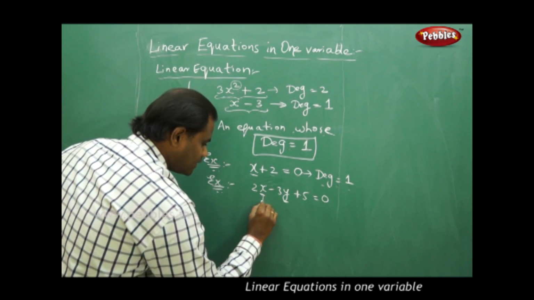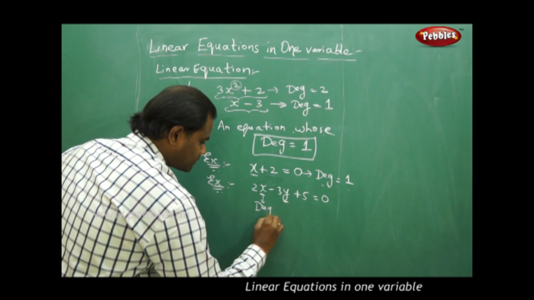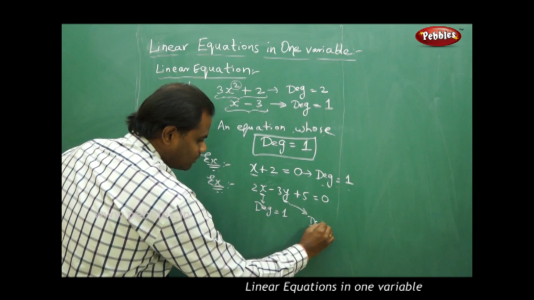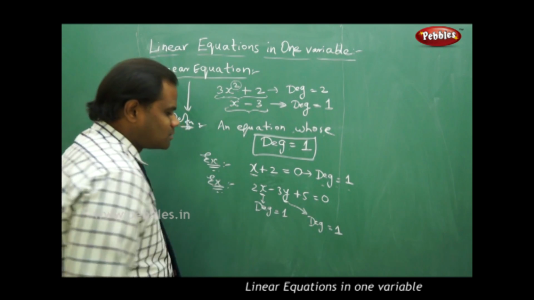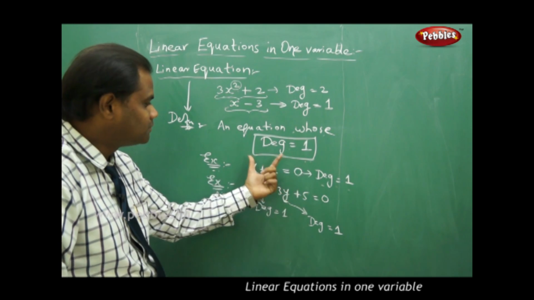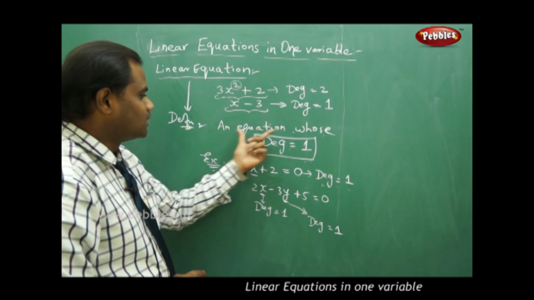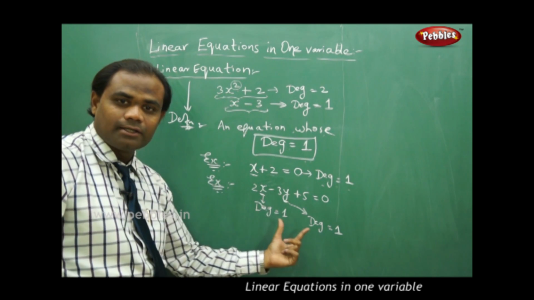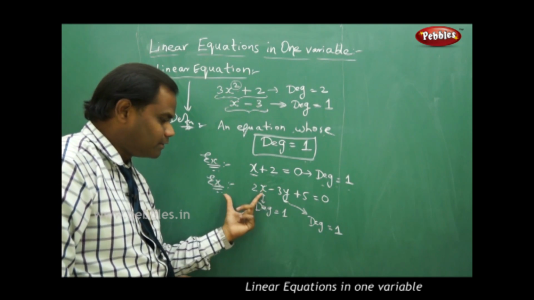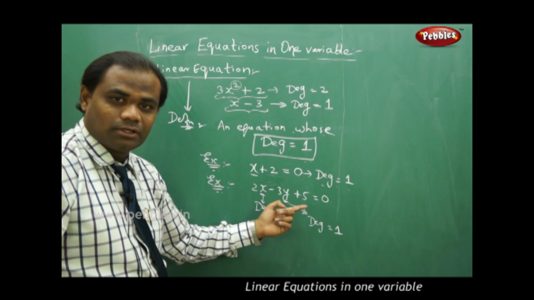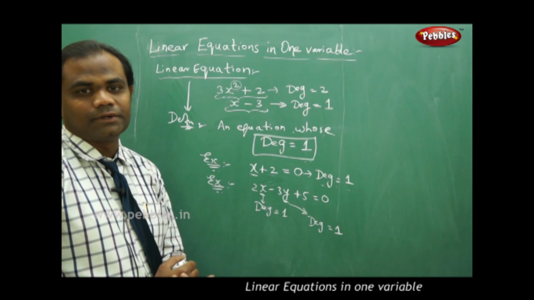The degree of x is 1, and the degree of y is also 1. This also satisfies the definition of a linear equation, which says that if the degree is 1, the given equation is a linear equation. Since the degree is 1 for both unknown variables x and y, this algebraic equation is also a linear equation.